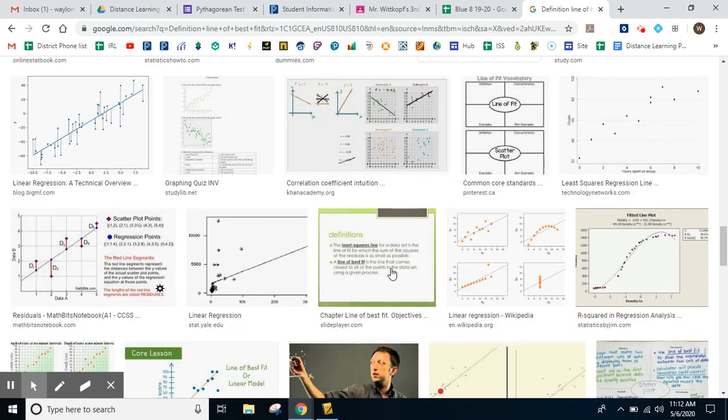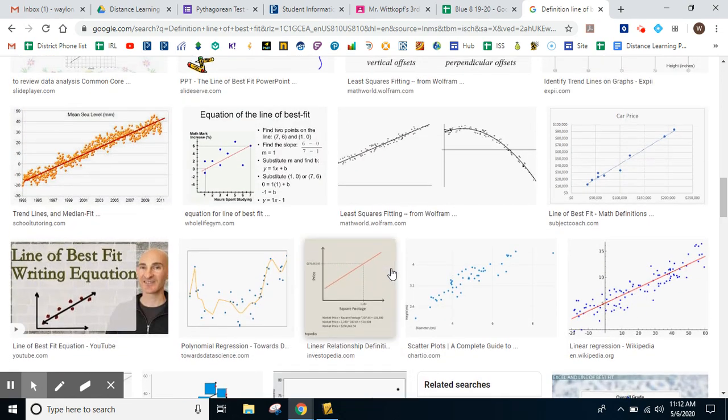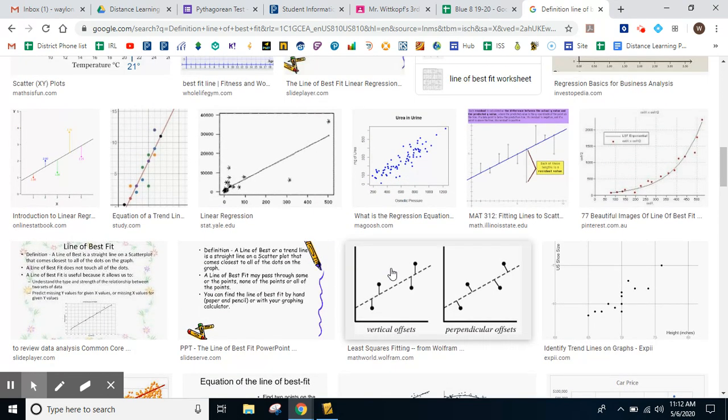So that's pretty much everything I had to show you. The only thing I wanted to talk about real quickly before you do your Khan Academy activity is the idea of these nonlinear ones. On Khan Academy, if you cannot model the data with a single line, if all of the points don't fit nicely around a single line, right now we're just going to say it cannot be represented by a line of best fit.